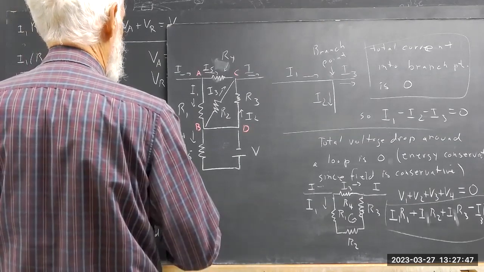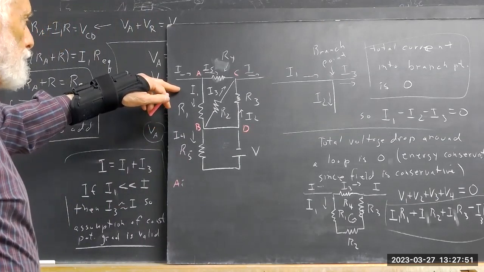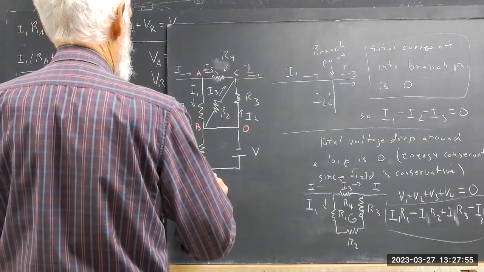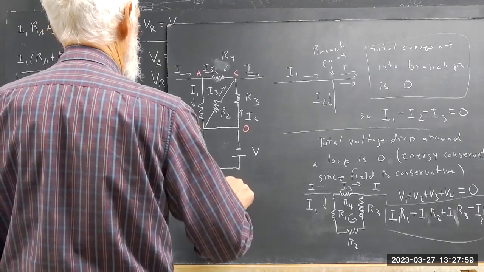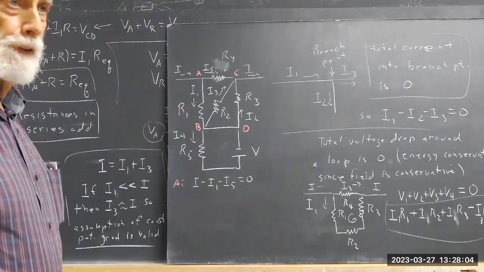At branch point A, we can say about the current that I minus I1 minus I5 is 0.